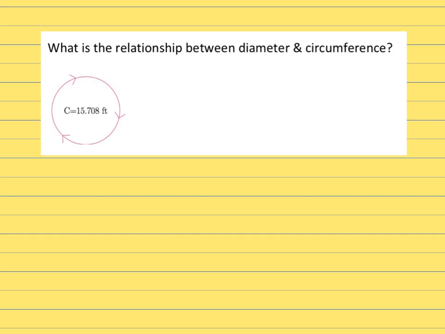On this first slide, what it says is we want to determine the relationship between the diameter and the circumference. So I am going to underline those two things. Now when you look at the circle and you go all the way around it, it has 3 arrows.